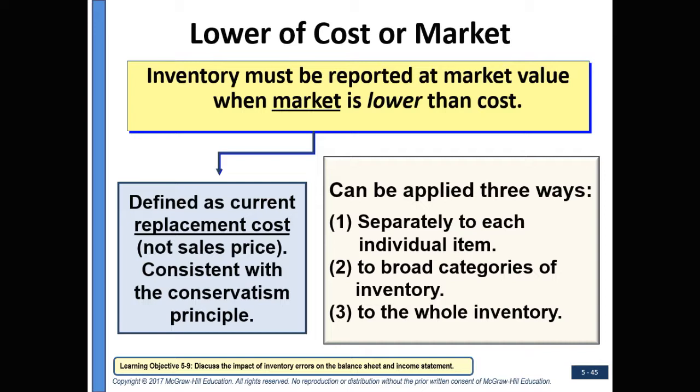So maybe instead of looking at it as, okay, apples, shampoo, dog food, and each individual item, maybe they do instead produce, frozen foods, canned foods, health and beauty, clothing, sporting goods, pet supplies, more broad categories, or it can just be applied overall to the inventory as a whole.